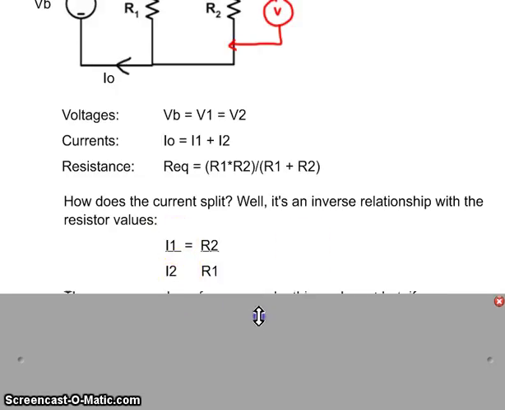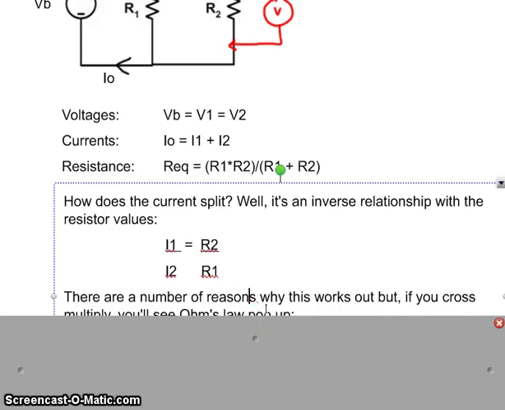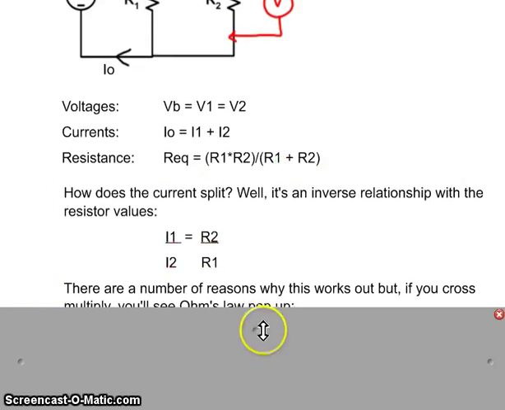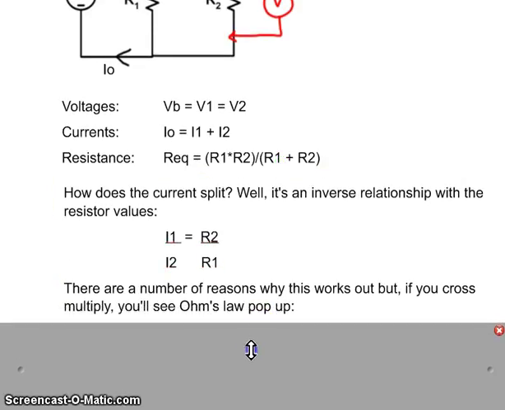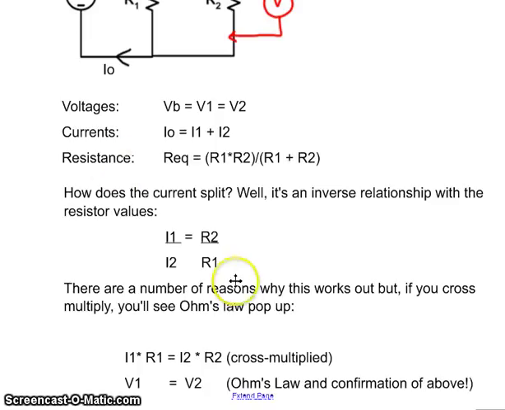But let's pursue this a little bit further. There are a number of reasons why this works out, but let's take a look at one in particular. Let's cross multiply and see what happens. You're going to get I1 times R1 and I2 times R2.